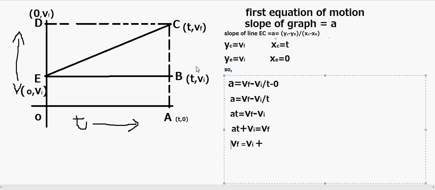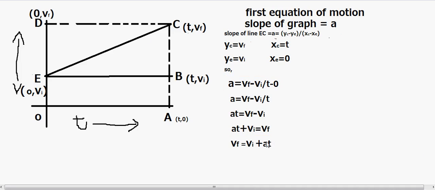So here is our first equation of motion: Vf is equal to Vi plus aT.